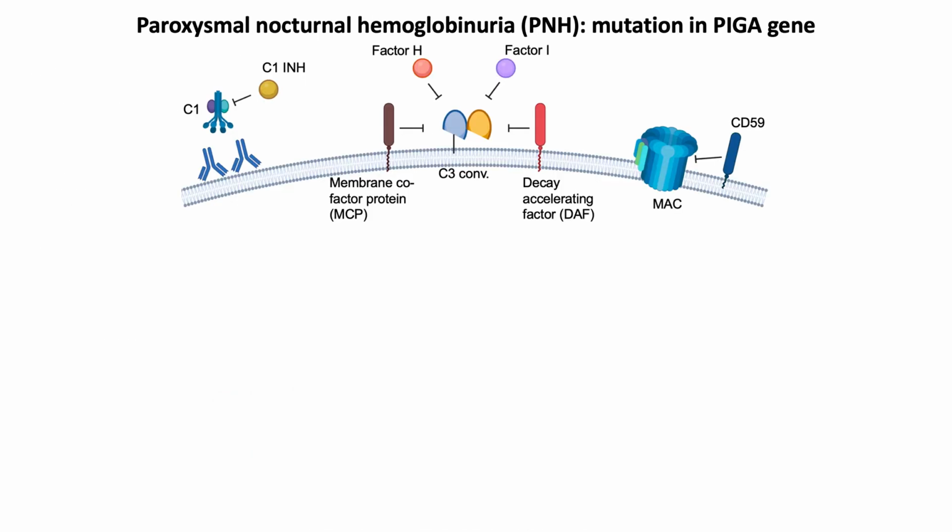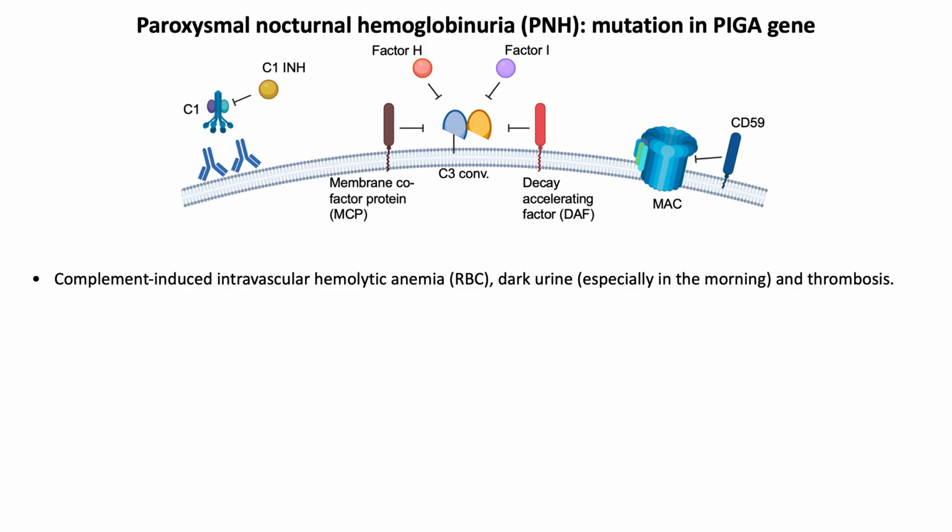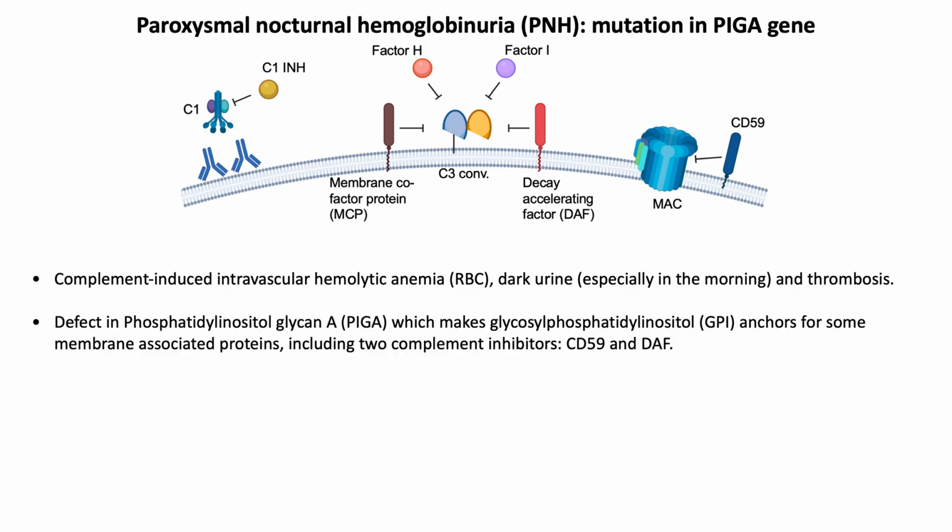There are 2 diseases that I want to briefly mention that are associated with defects in complement pathways. One of them is called paroxysmal nocturnal hemoglobinuria, or PNH. This is complement-induced intravascular hemolytic anemia that often results in dark urine in the morning and thrombosis. It results from a defect in PIG-A.